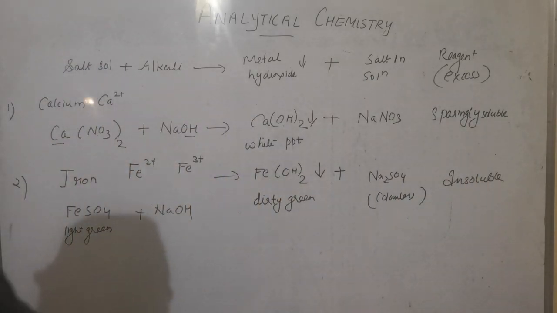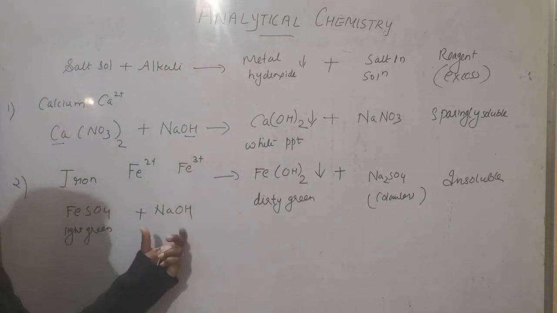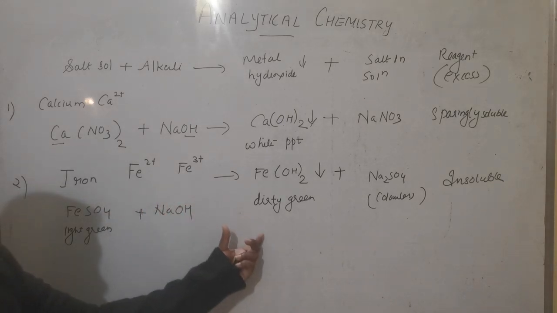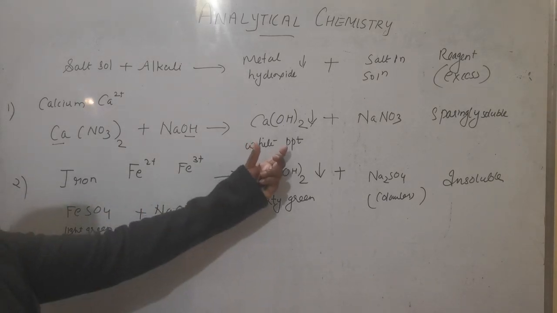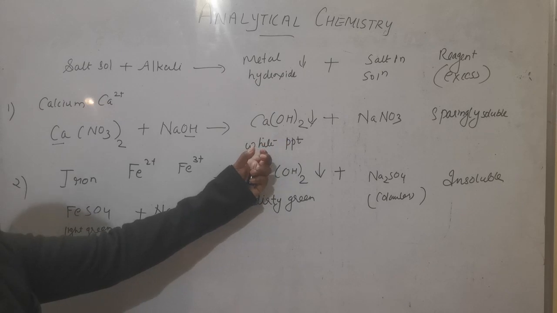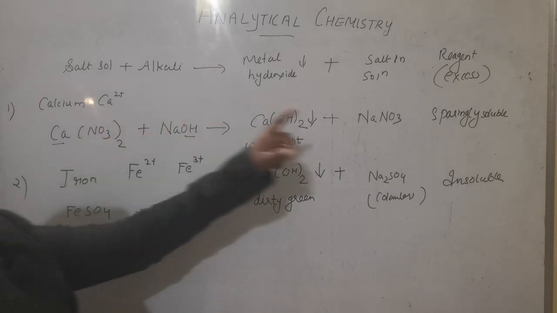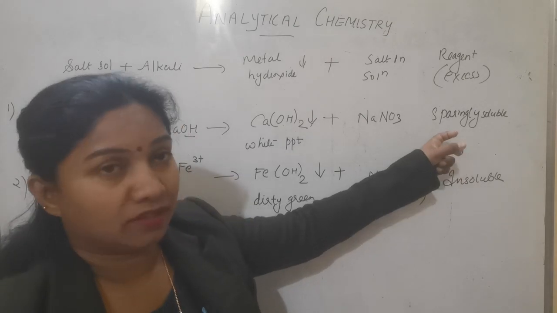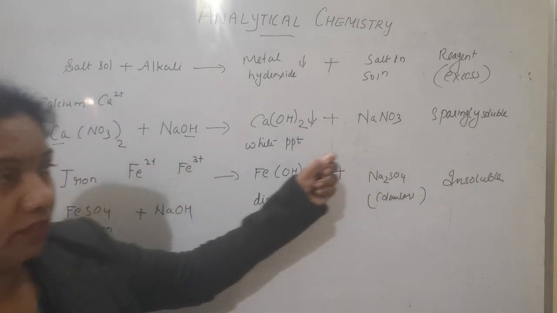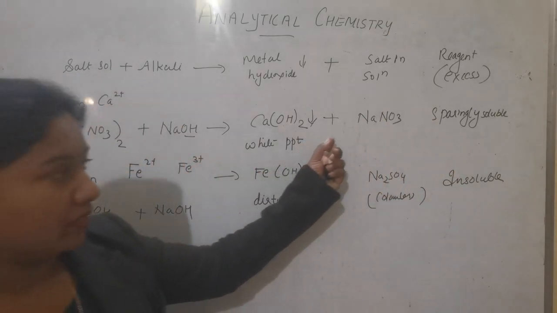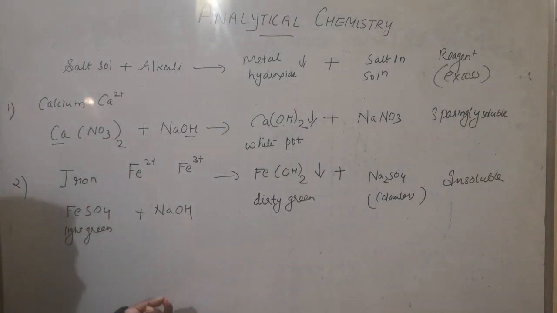See, these are the observations. While performing the test, you have to note down all the observations. Here, you got a white precipitate, and you could possibly assume that it could be a calcium salt. And on addition of excess of NaOH, it is sparingly soluble. It is not totally insoluble, but yes, it dissolved a little bit.